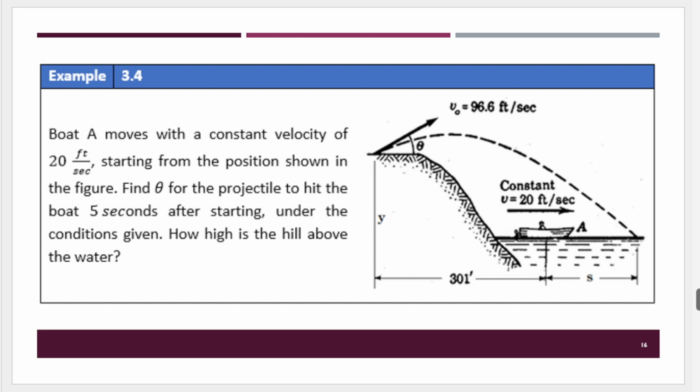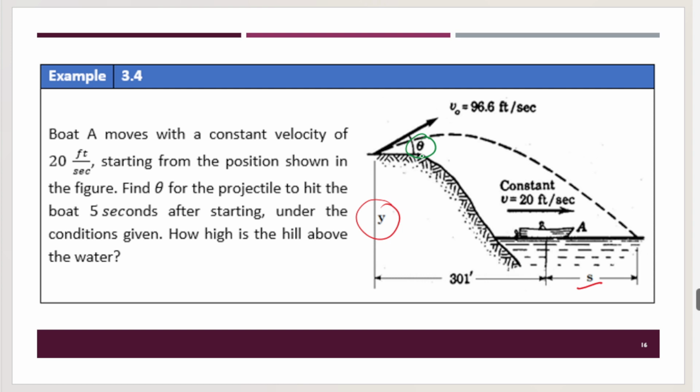So, lumalabas, parang kailangan natin mahanap yung value ng S, no, na nakikita nyo dito. You should find this one. And then, from that, we could solve this y distance. Why? Because we cannot solve this one without this, no, parang kung saan tatama doon sa point na yon. Kaya yun yung sabi dyan, di ba? Find theta. Also, we are required to find this one, no, to hit the boat 5 seconds after starting.